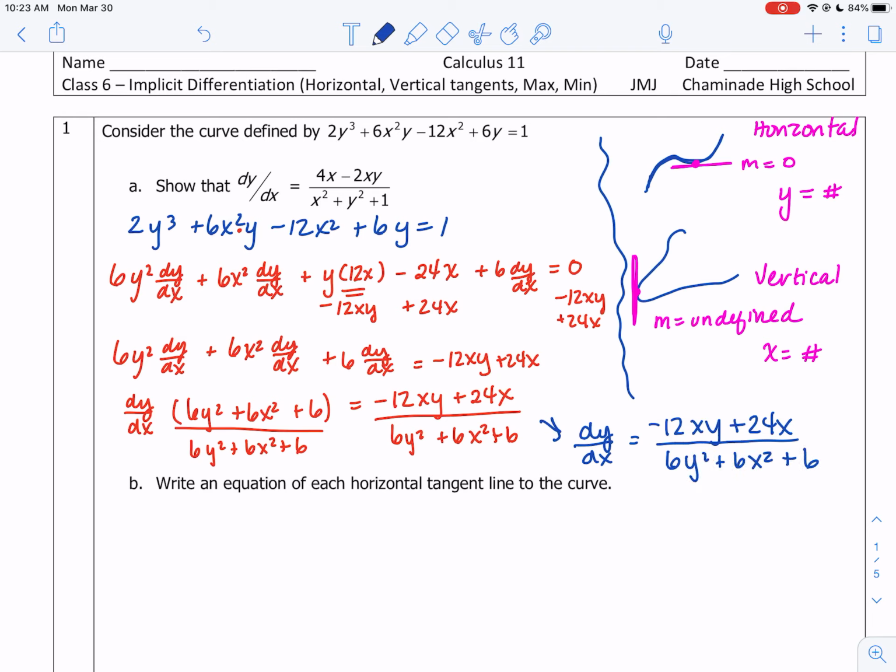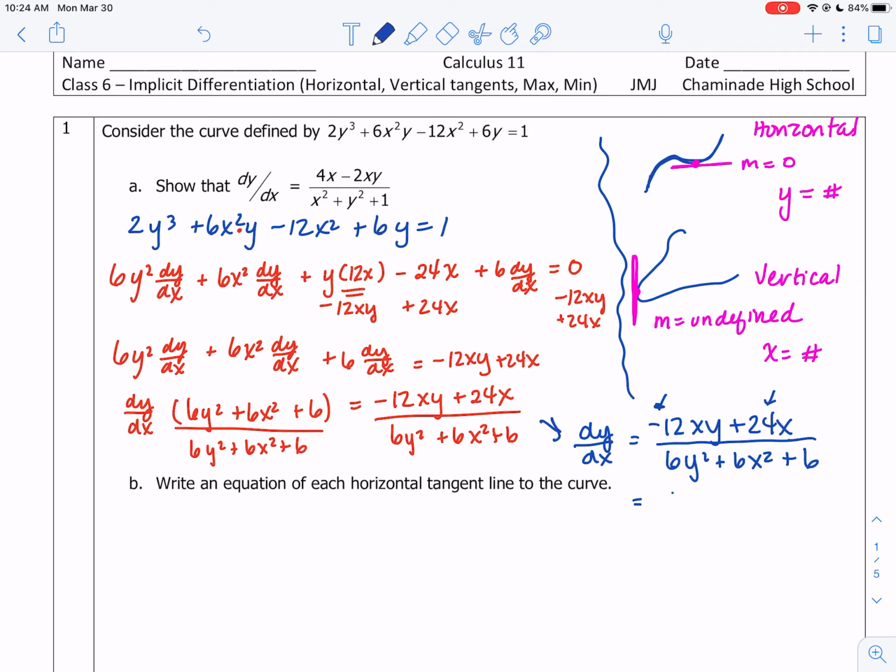plus 6. Note all the terms here have a factor of 6, so we can reduce every single term by 6. Notice on top also that this is a negative term, and this is a positive term. So as we're reducing everything by 6, I'm just going to flip around the top there.